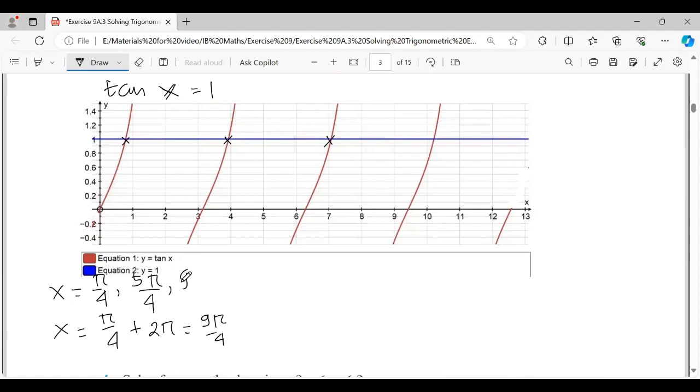Okay, this is 9 pi over 4. And this one, x equals 5 pi over 4 plus 2 pi. 4 times 2 plus 5, 13. This one, or 13 pi over 4.